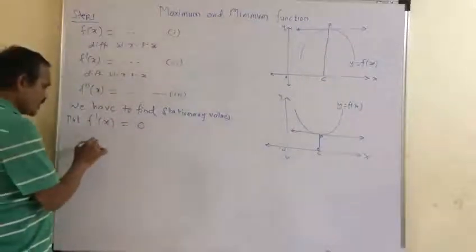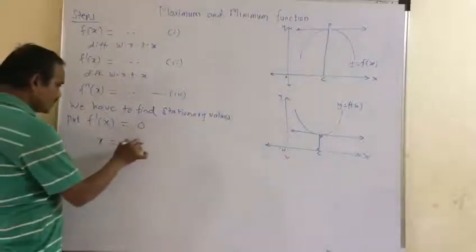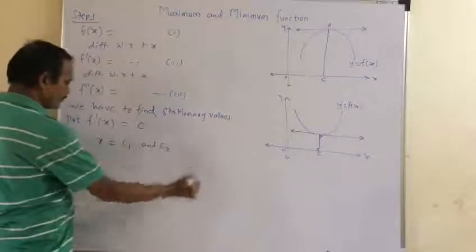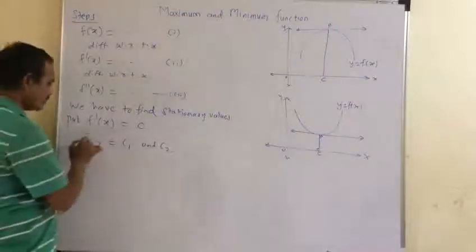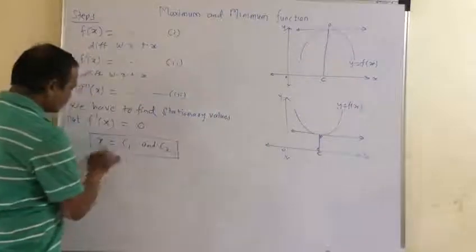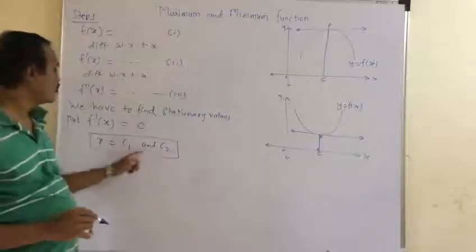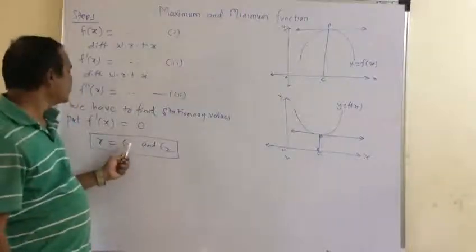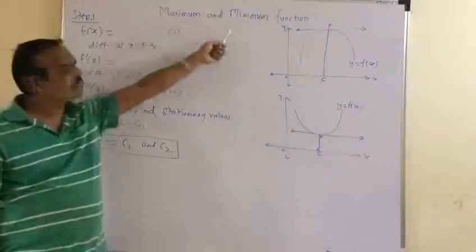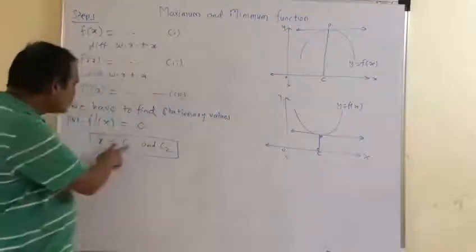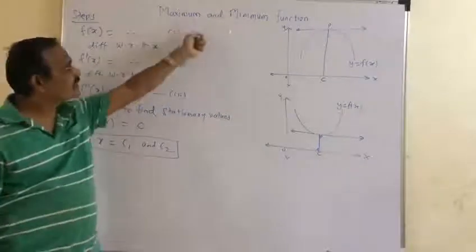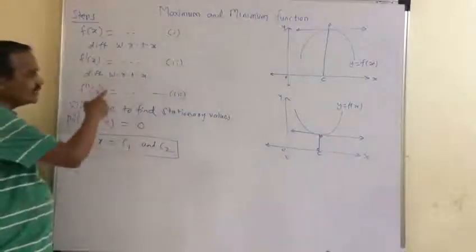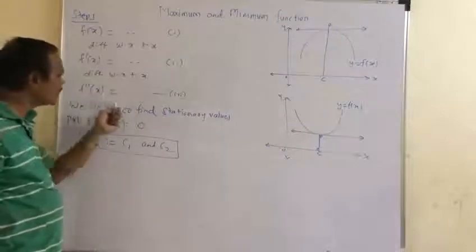Say these values are c1 and c2. Now these values are the stationary values, and at these values we can decide whether the given function is maximum or minimum by putting these values in equation 3, that means in the second derivative.